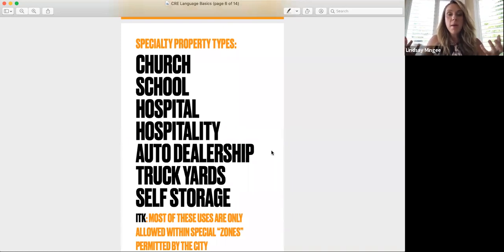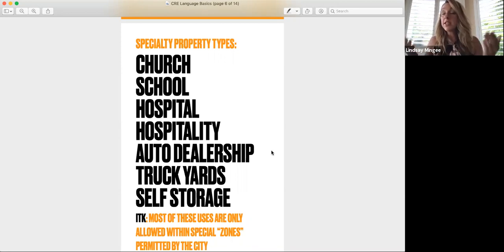Okay, specialty property types, things like churches, schools. Because of the parking requirements and the assembly use, you have many people within one space. Those are specialty property types. Hospitals and hospitalities, things like resorts, motels, those are also unique, and those are commercial properties where people spend the night, right?